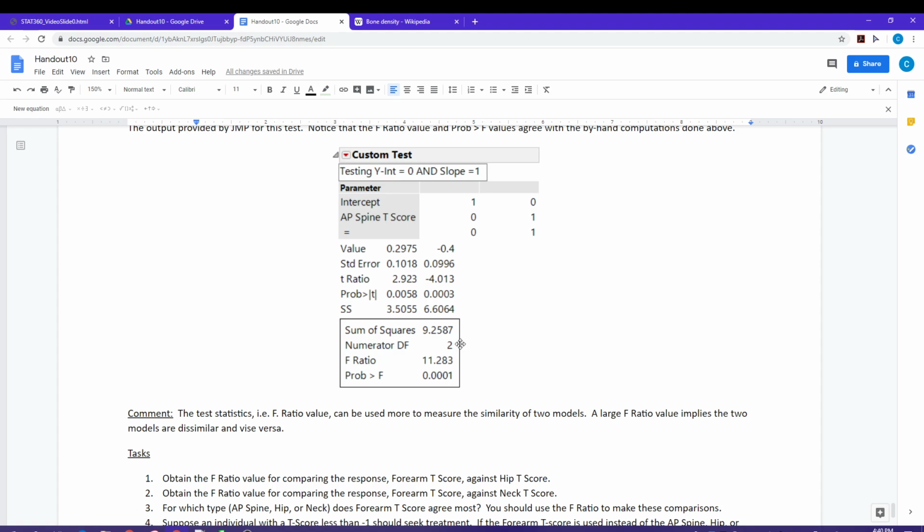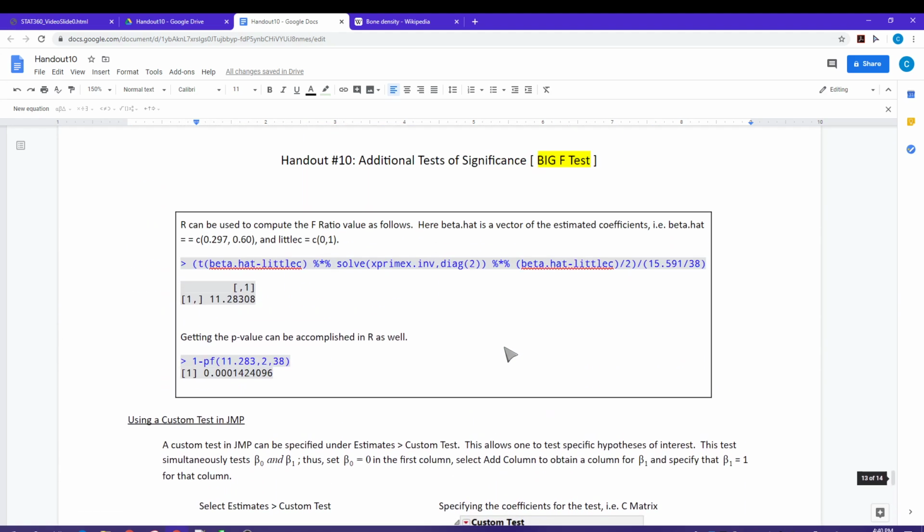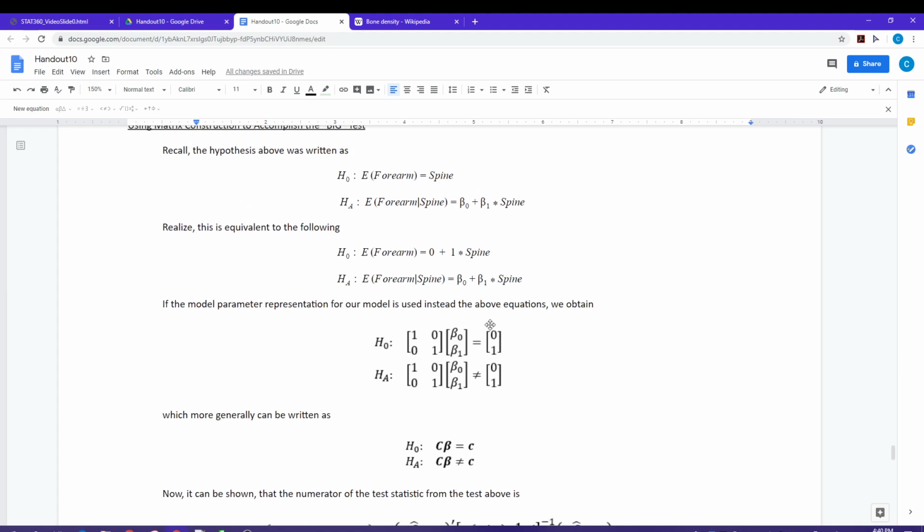That would be the 40 minus the 38 in this case. So all I really need here is that p-value, the prob bigger than F, inside of that box. That p-value is for this custom test that we created, looking at whether or not the regression line is close enough to the line of agreement.